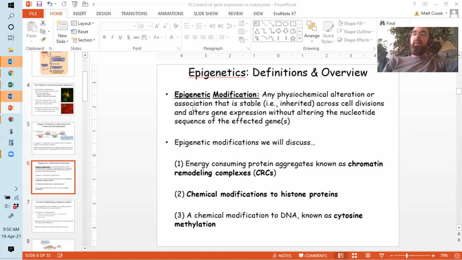And those are epigenetic modifications. So the DNA sequence doesn't change, but how accessible that DNA is to transcription does change.